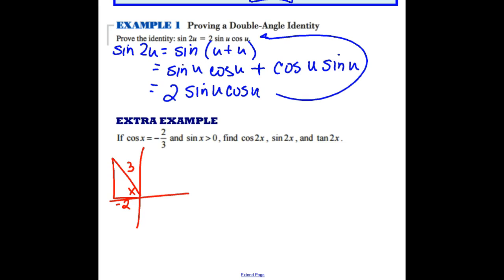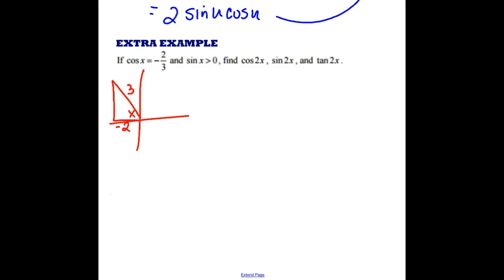Can we find the vertical side there, the y piece? Pythagorean Theorem? Okay, so negative 2 squared, I'll say plus y squared equals 3 squared. What are we going to get? So y is going to be either positive or negative root 5. But in this quadrant, it would be positive.